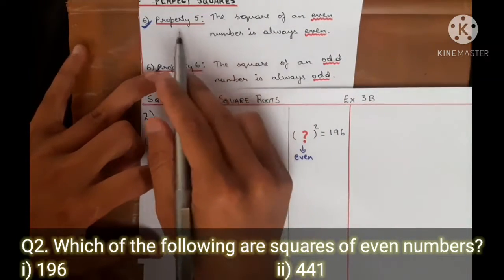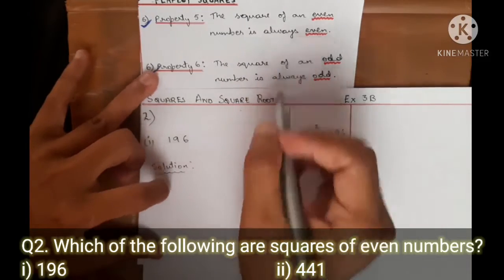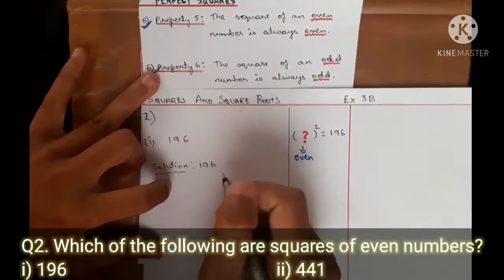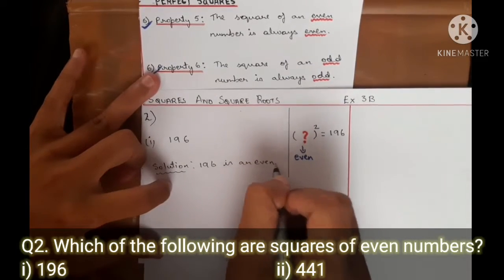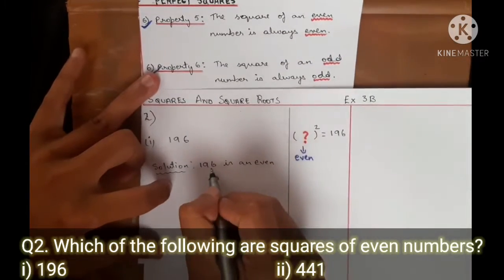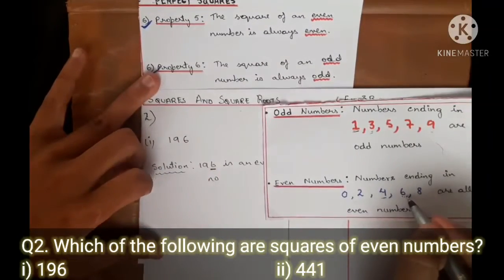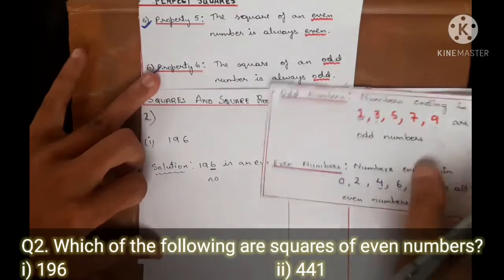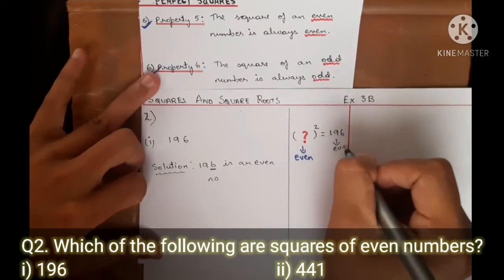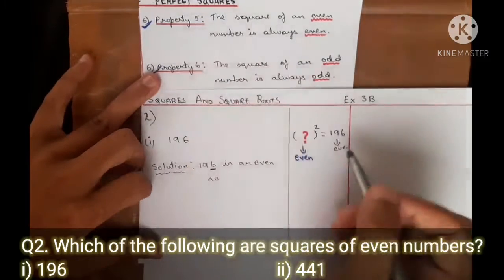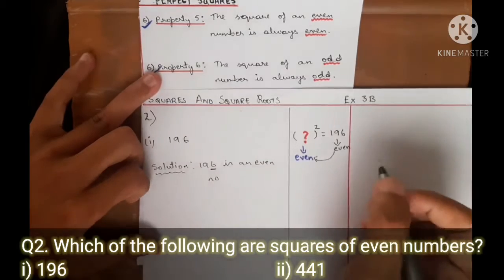But we will use property 5: the square of an even number is always even. So 196 is an even number, isn't it? Because it ends in 6 and 6 is always an even number. So by property 5, since this is even, the number will also be even.